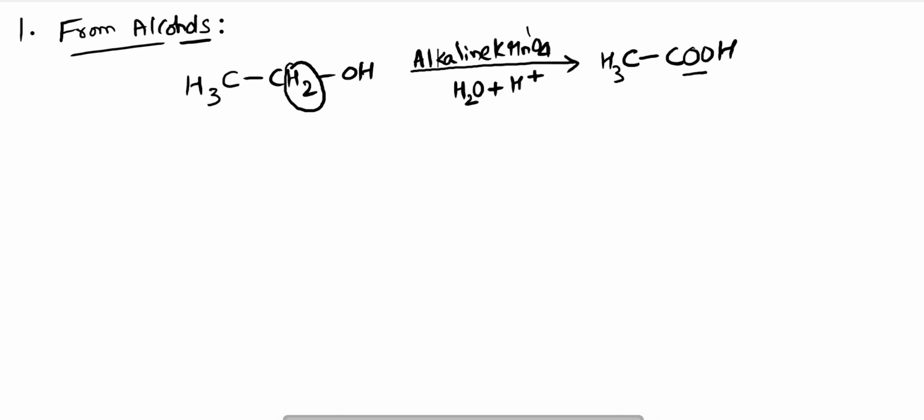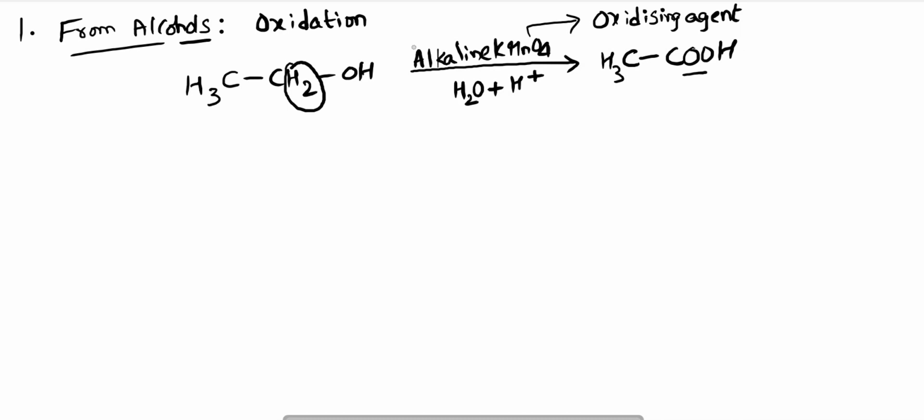That is why it is called an oxidizing agent, which supplies oxygen to others. So from alcohols I can prepare carboxylic acids just by removing hydrogens and replacing with oxygen. Simply I can call this an oxidation process, oxidation of alcohols.